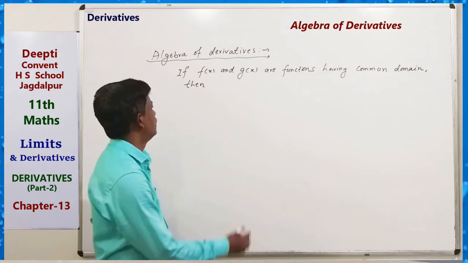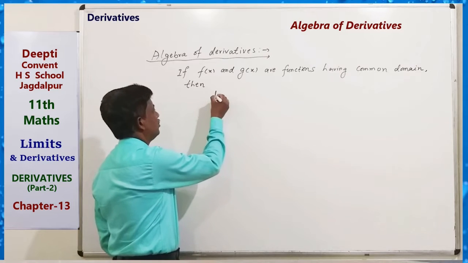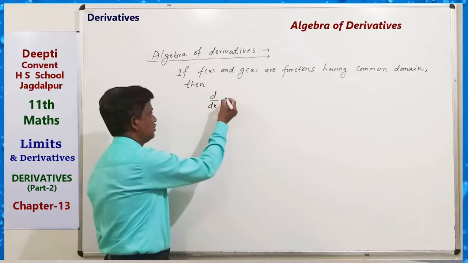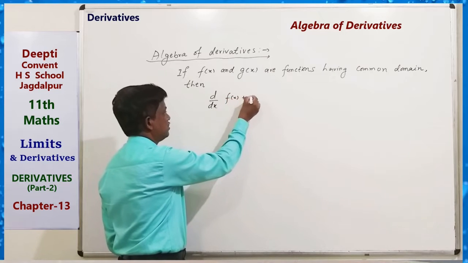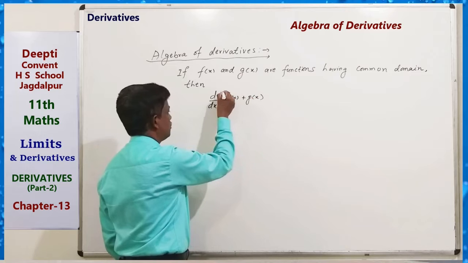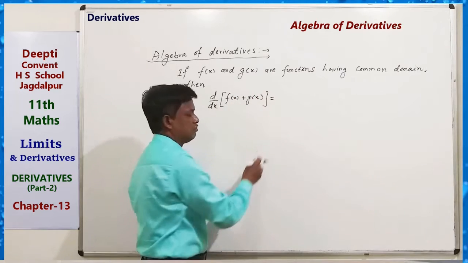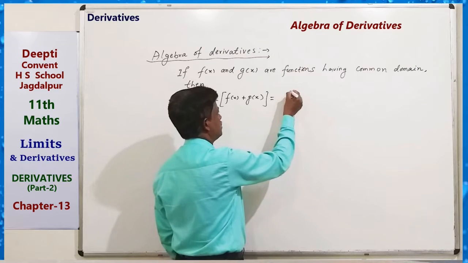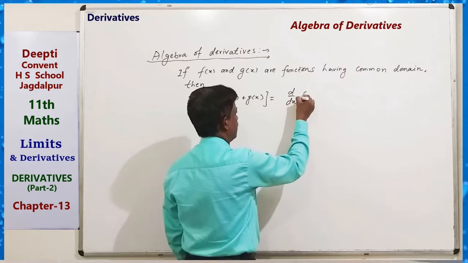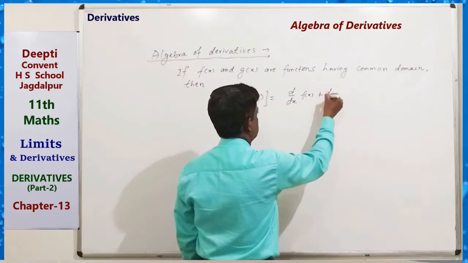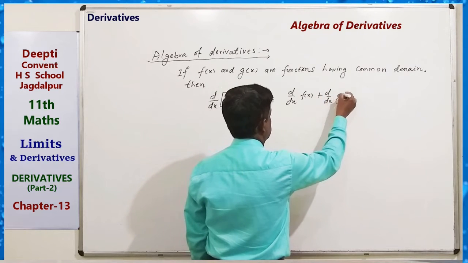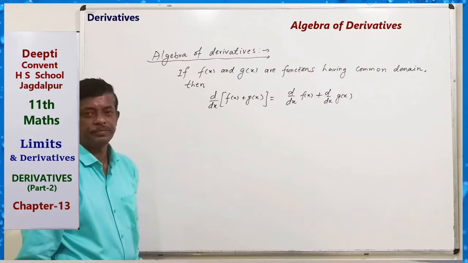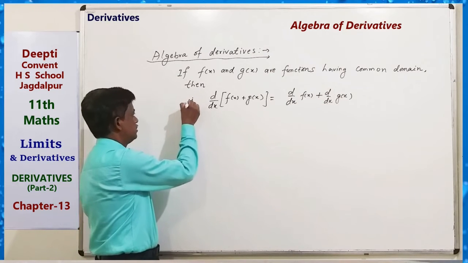Then first of all, the derivative of addition, just like f(x) plus g(x), addition of two functions, we can find by just distributing like this: dy/dx f(x) plus dy/dx g(x).